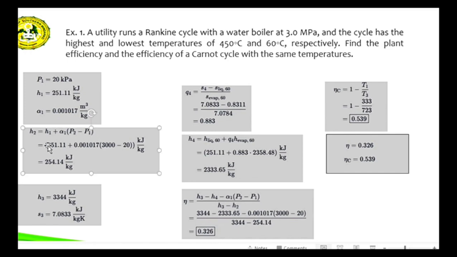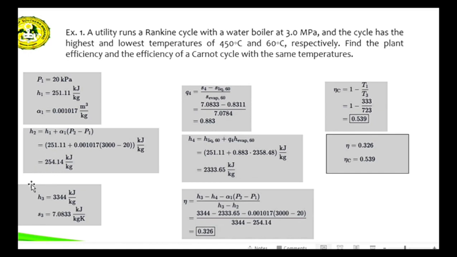The enthalpy at state 1, which is here, is 251, which is correct, plus our specific volume, which is here, 0.001017, which is correct, multiplied by our pressure at state 2, which is 3 megapascal or 3000 kilopascal, minus the pressure at state 1, which is 20 kilopascal, in kilojoule per kilogram.